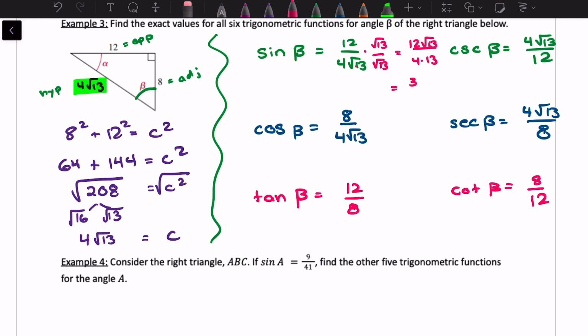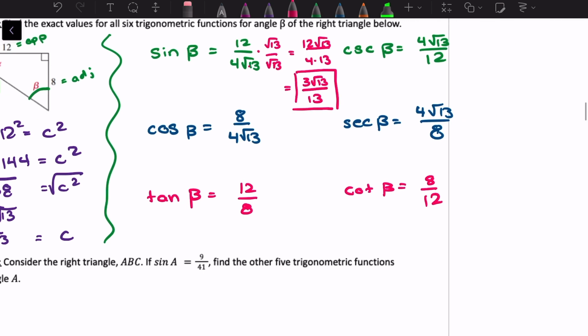So I get 3 radical 13 over 13. Now cosecant, 4 and 12 reduce, and 4 goes into 12 3 times.